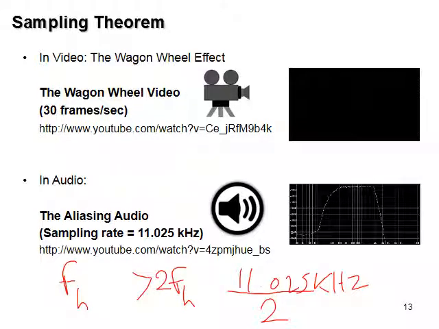So if your signal has frequencies up to half of 11.025 kilohertz, you're fine. You will be able to hear that frequency. But if your signal has frequencies above half of 11.025, then when you reconstruct, you will not be able to hear those frequencies as they should be.